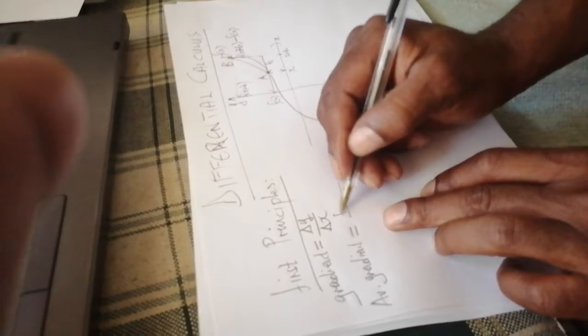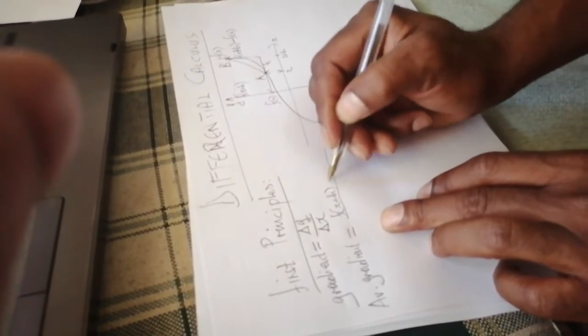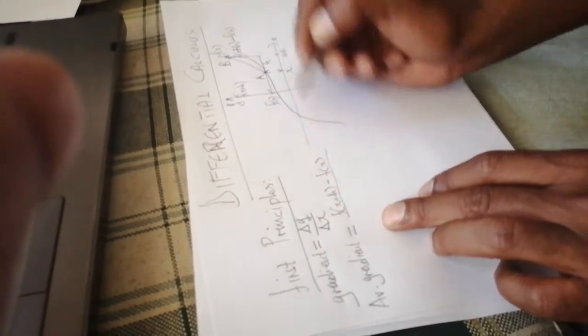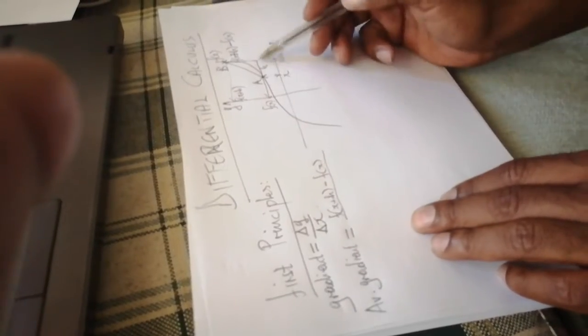We are saying it's f of x plus h minus f of x, and our change in x is h.